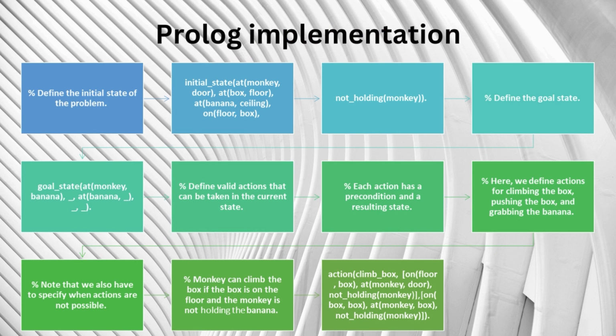So, action will be: action climb box, comma, on floor, comma, box at monkey, comma, door not holding monkey, comma, on box, box at monkey, comma, box not holding monkey.